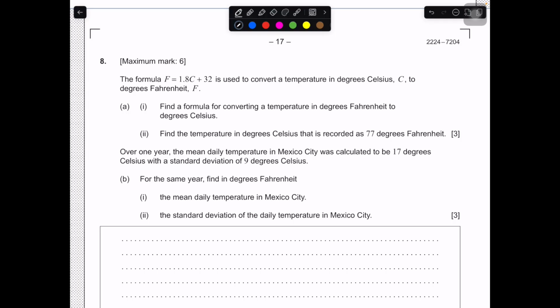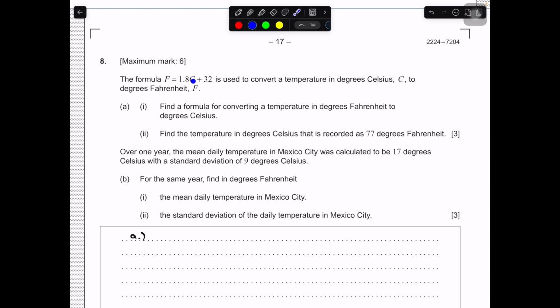Alright, so this is somewhat of a rare question for applications interpretations, potentially at least, because it's asking us to do some specific algebraic manipulation. Maybe it's not so rare, but in some ways it's not as common as some of the others, I suppose. So, what are we asked to do? We want to find a formula for converting temperature in degrees Fahrenheit to degrees Celsius.